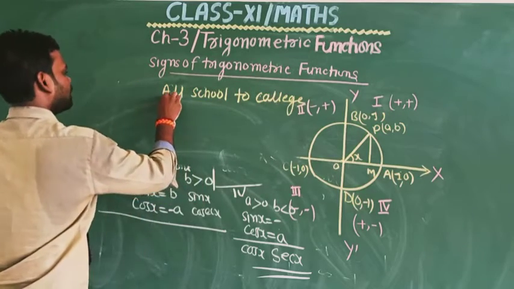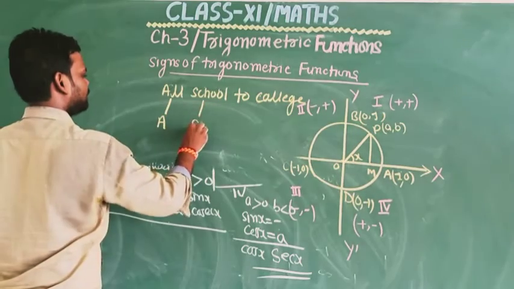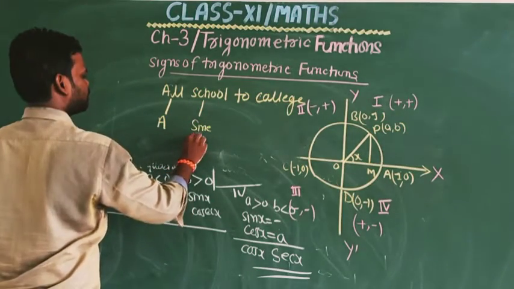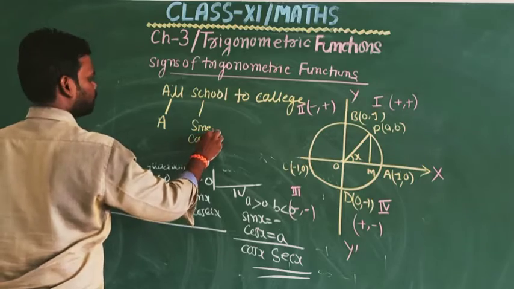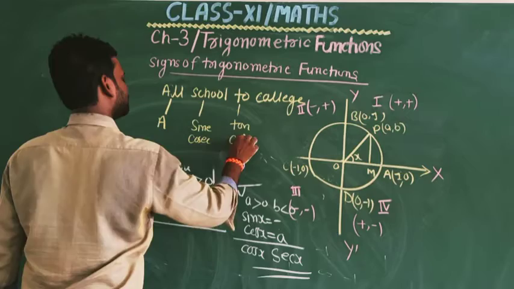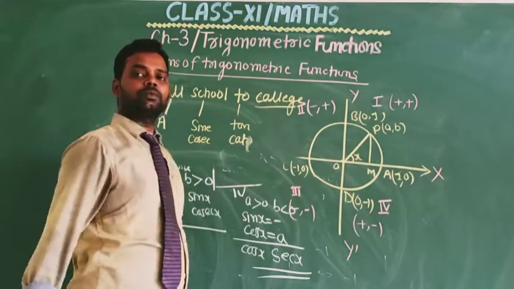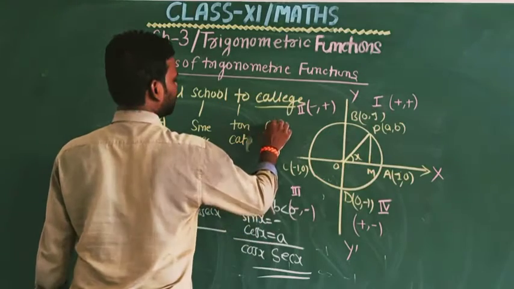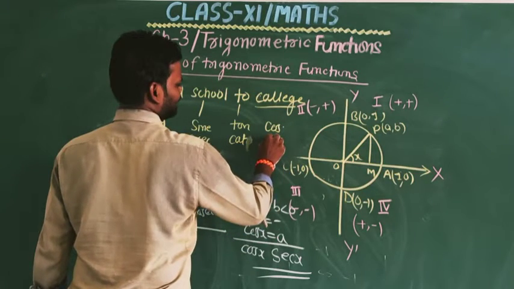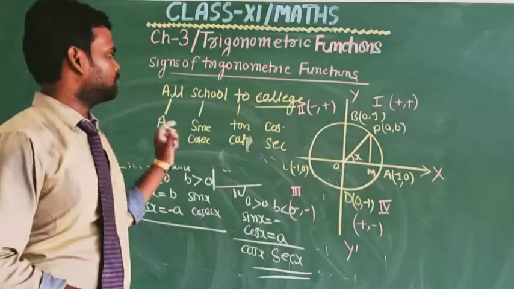Okay, all means all positive, school means sine and its reciprocal cosec positive, tan means tan and cot positive, and college means cos and its reciprocal sec are positive. Okay, so keep this in your mind.